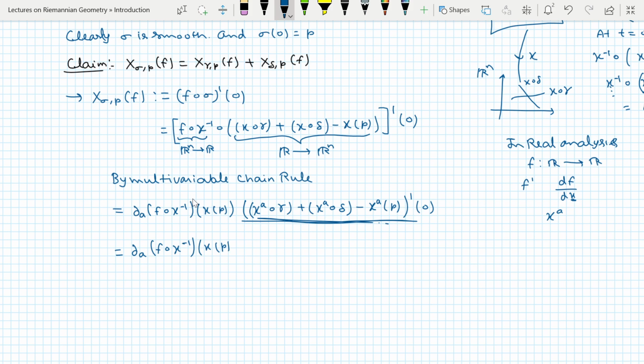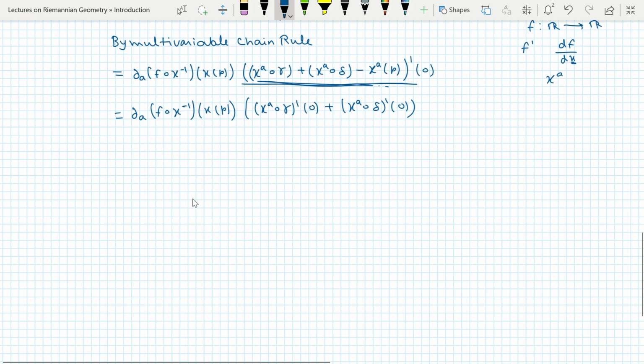So this remains as it is, and then I individually differentiate it and evaluate it at the parameter value 0, and this xa of p is a constant, so its derivative is simply 0. Now you can write it in the following way. How can you write it?